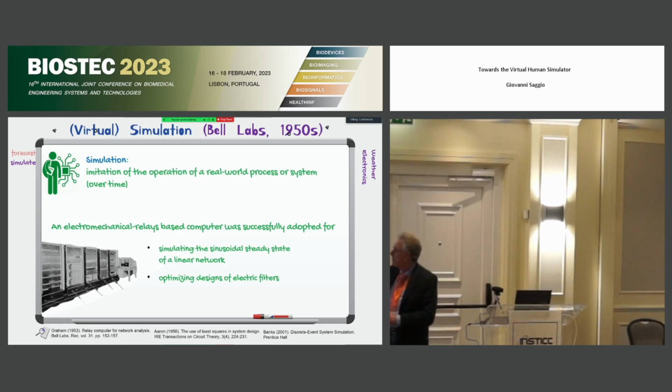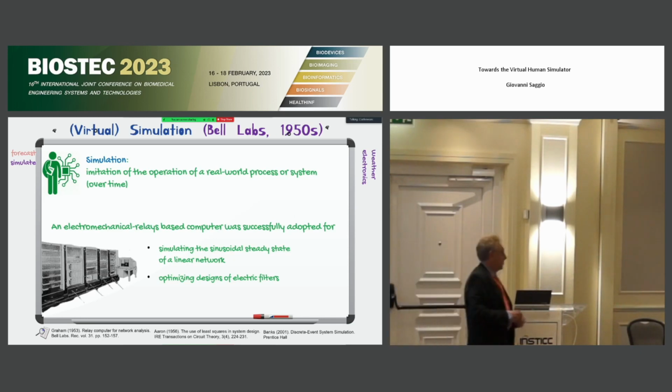And it was used for simulating the sinusoidal steady state of a linear network. This was really the first try to simulate something. And after that, for optimizing designs of electric filters.